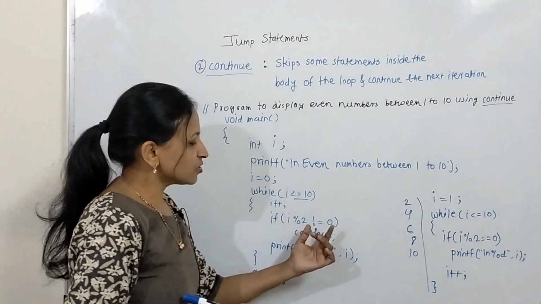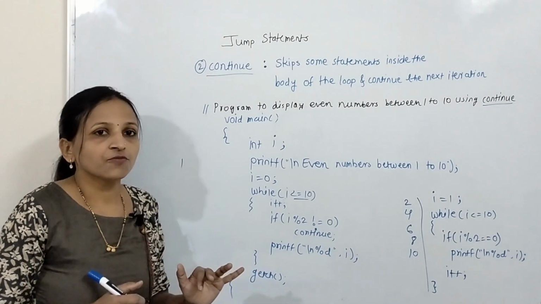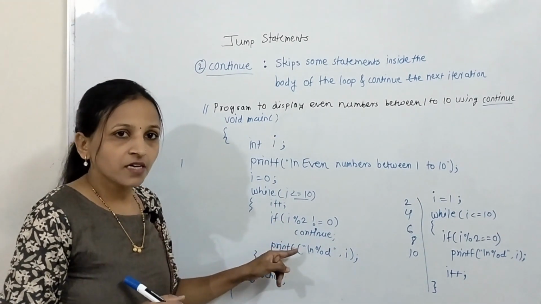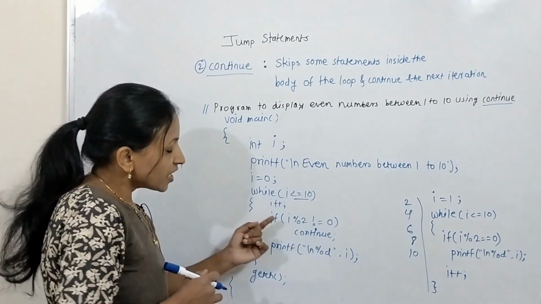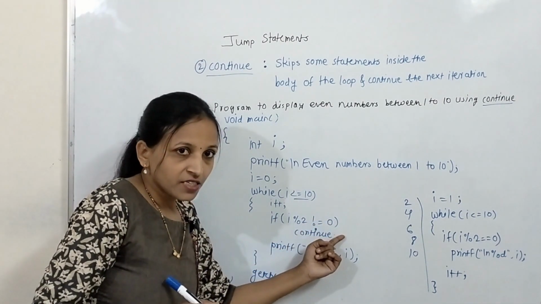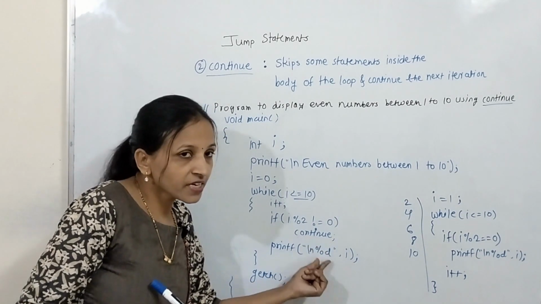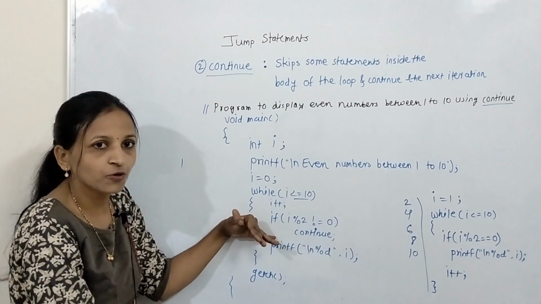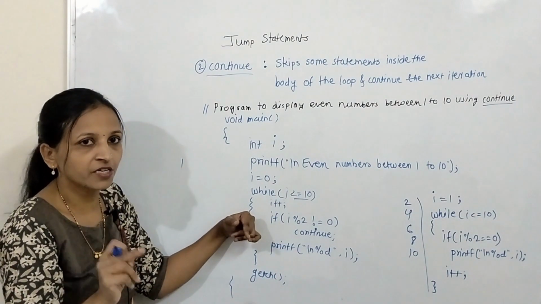If i modulus 2 is not equal to 0, then continue. I have written it in this way. Not equal to 0, then continue. It means if it is odd, then continue to the next iteration by skipping the remaining part of the loop. This is the meaning of continue.